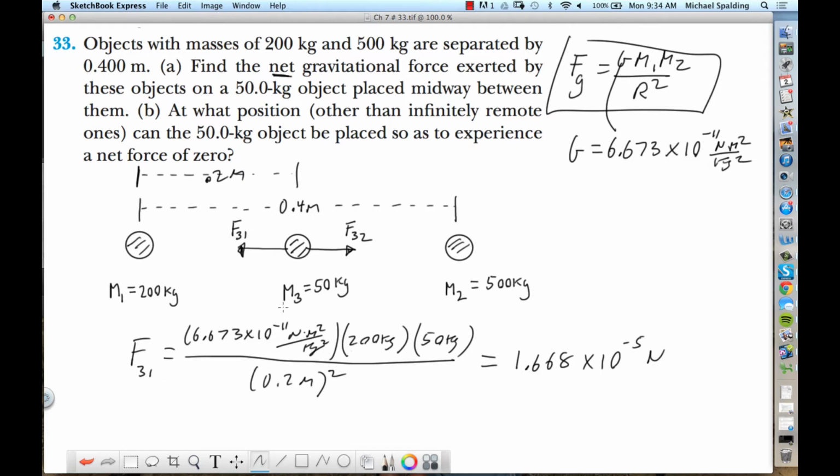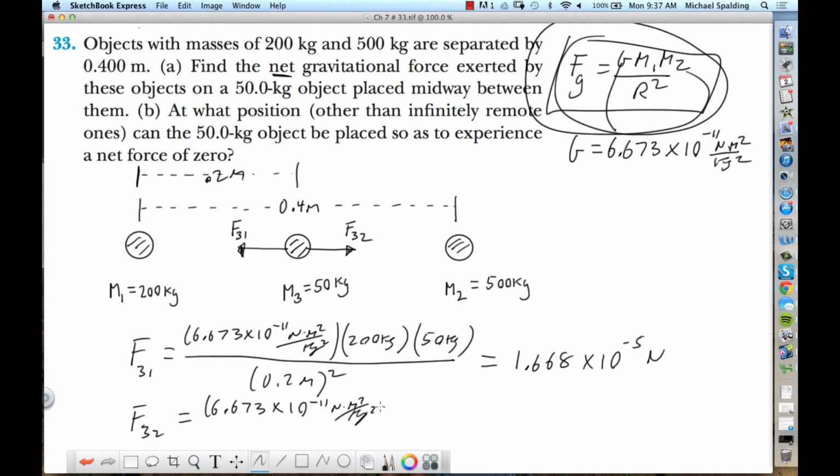Okay, now let's find F32. F32, so we're plugging into the same equation. So this is going to be 6.673 times 10 to the negative 11 Newton meter squared over kilogram squared. So now we're doing this mass and this mass. Those are the two masses.